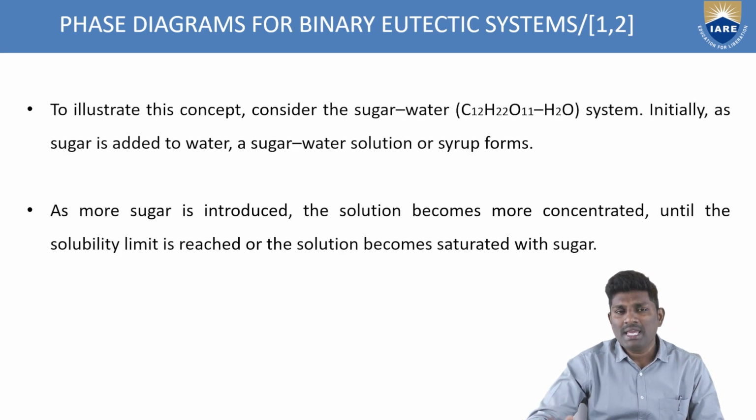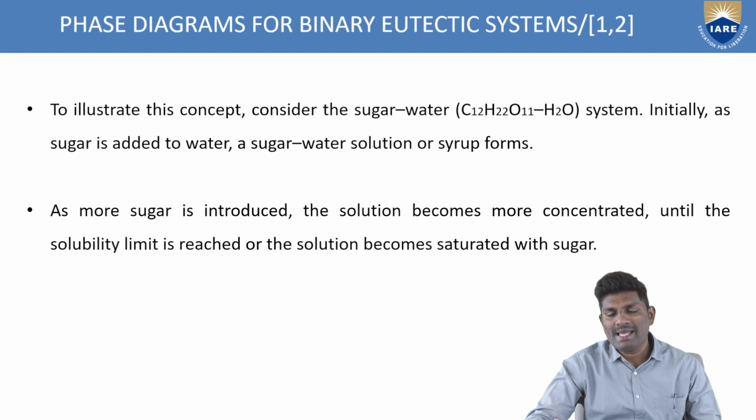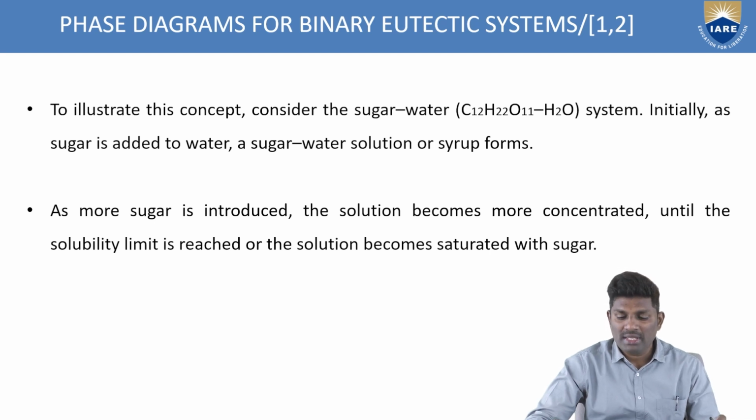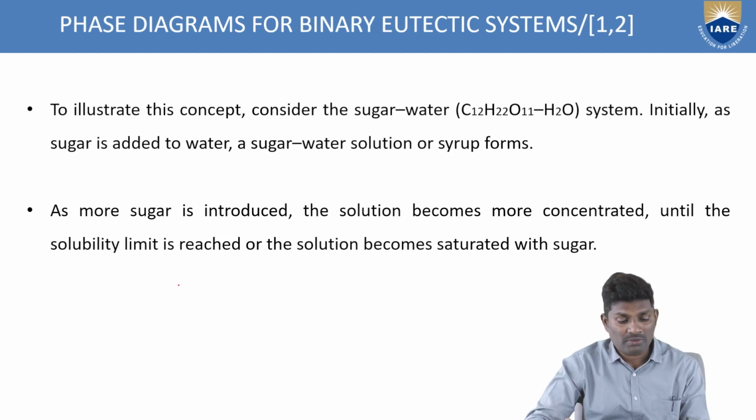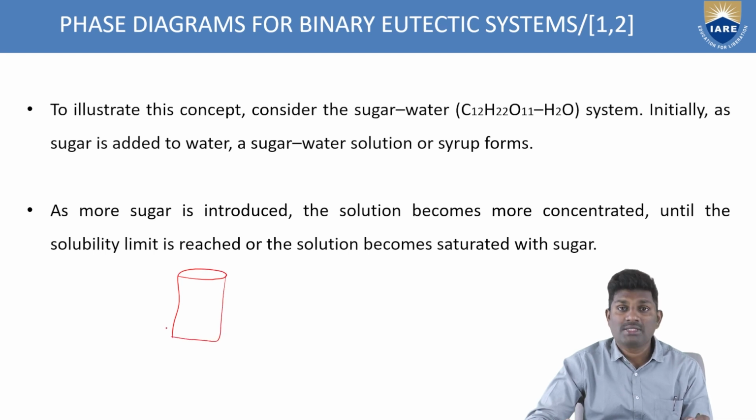To explain the concept of the solubility limit, we are taking an example of sugar and water. Initially, as sugar is added into the water, sugar and water form sugar syrup. So initially, I have a glass of water.